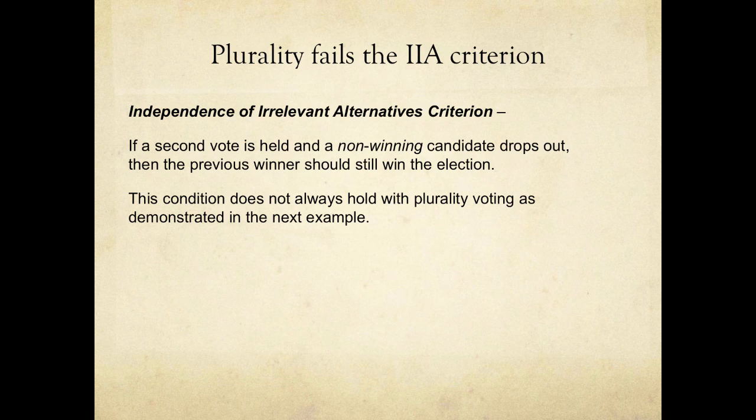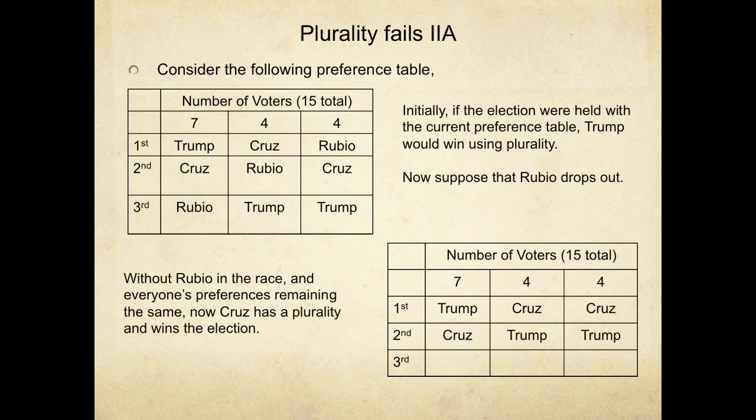Let's look at plurality and how it fails the independence of irrelevant alternatives criterion. That was, if a second vote is held and a non-winning candidate drops out, then the previous winner should still win. This condition does not always hold with plurality voting, as you will see in the next example. We've got 15 people here, no majority. We've got, with plurality, that is not even a requirement.